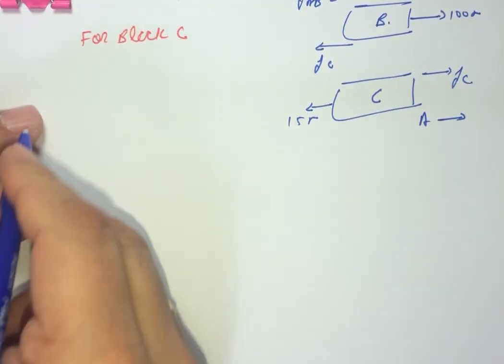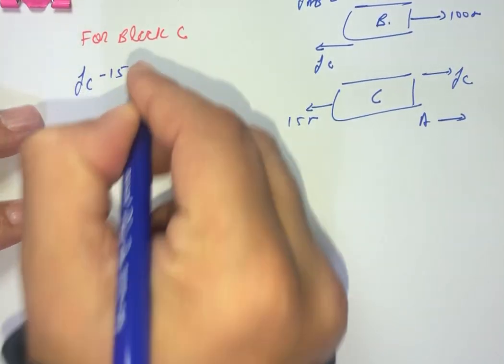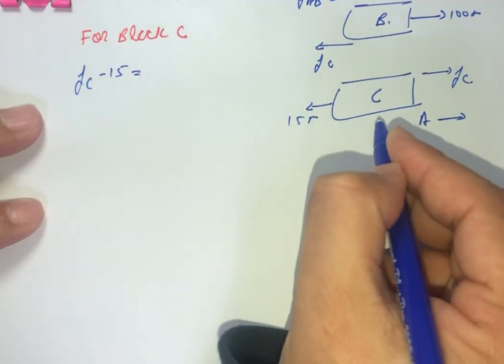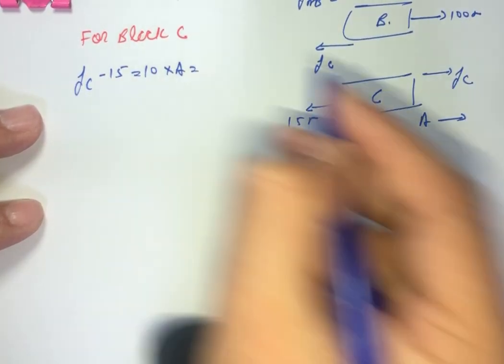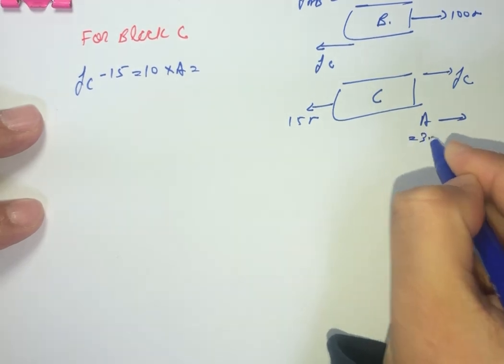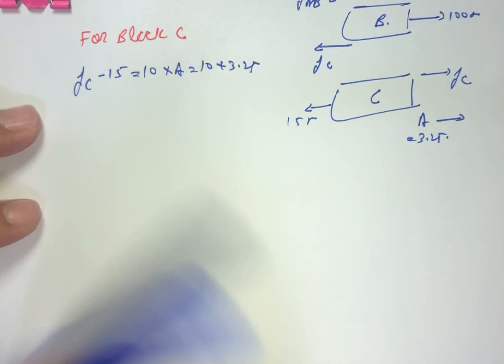So we can say that FC minus 15 will be equal to its mass, which is given as 10, multiplied by A, and the value of A is 3.25, so this is 10 into 3.25.